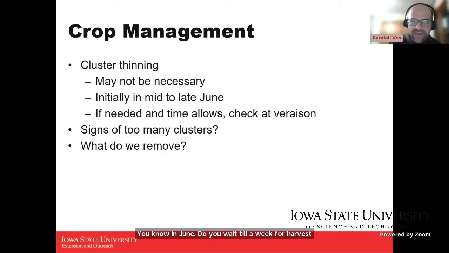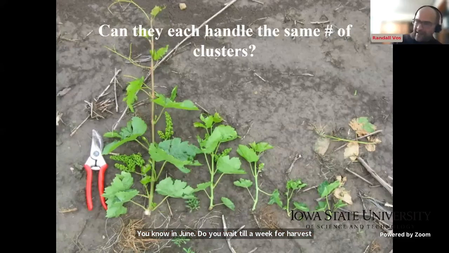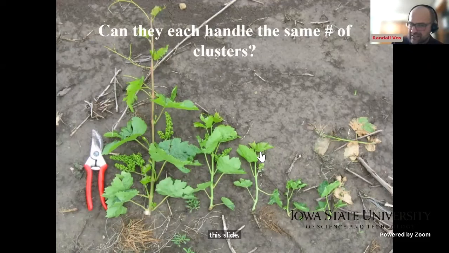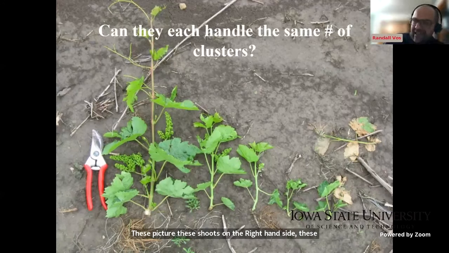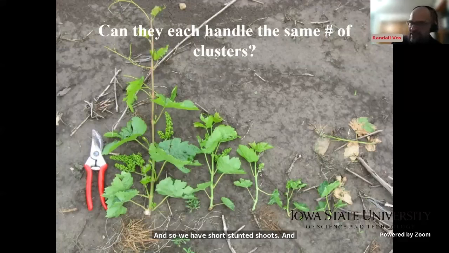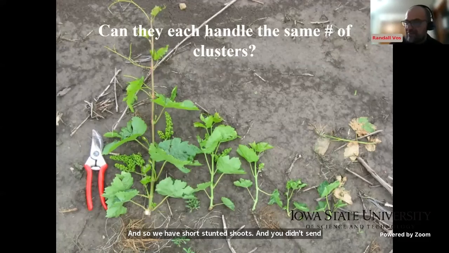And so I'm going to go back to this slide. These pictures, these 4 shoots on the right-hand side are telling us they can't handle the crop that's on them already. So if you have short stunted shoots and you didn't thin them off, those are ones that you want to thin clusters off of.